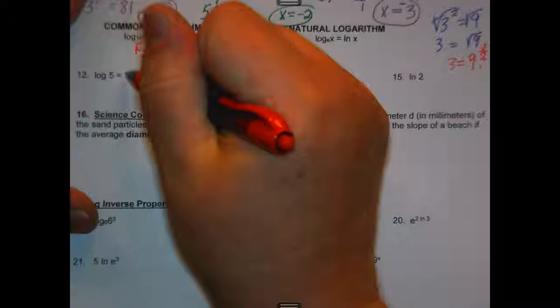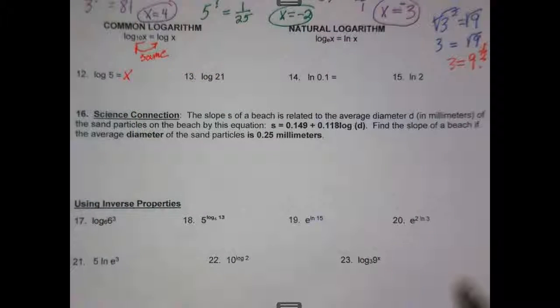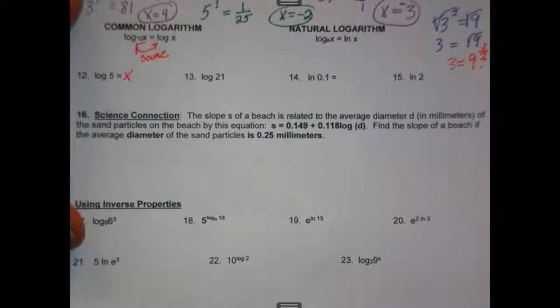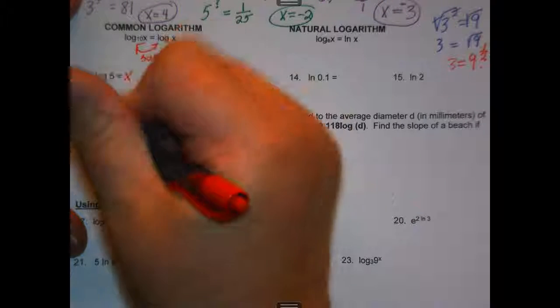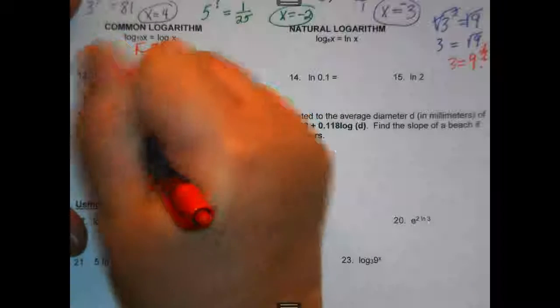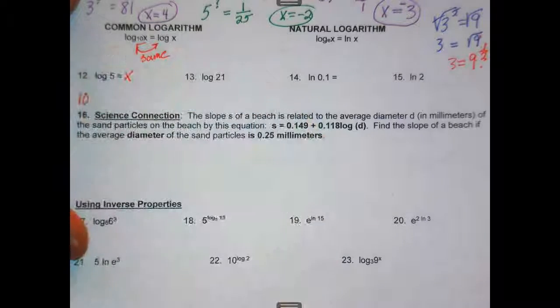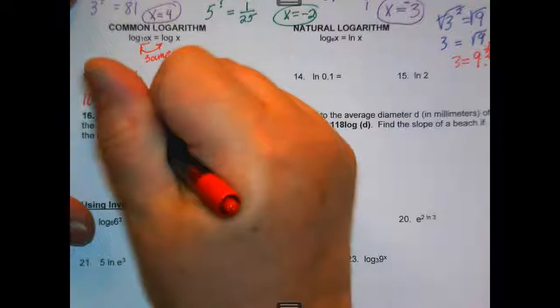Okay, so I'm going to put an X there. We're going to change this to exponential form, right? What's my base? 10. Because there's no base there, it has to be common log 10. What's my exponent?